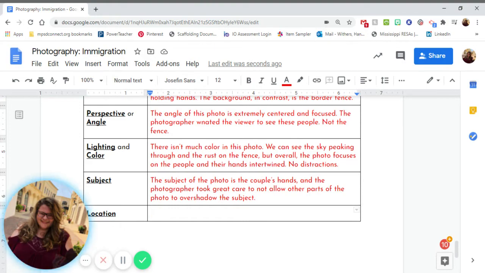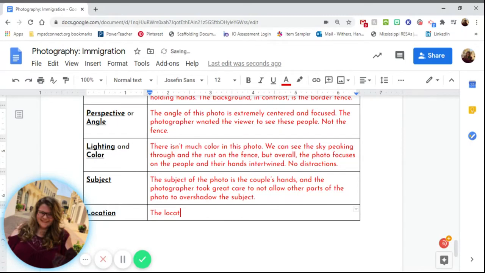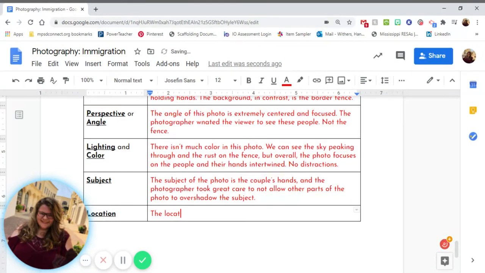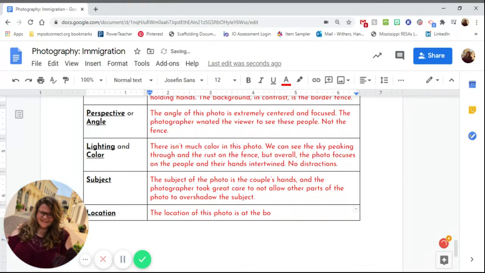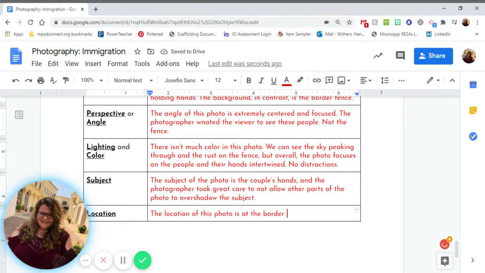So finally, our location. The location of this photo is at the border, by the fence.